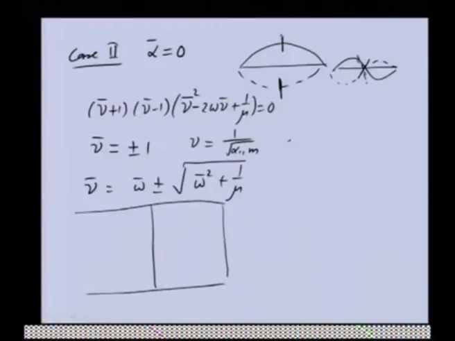So, if we plot, let us say, omega bar here and nu bar here, and this is the 0.